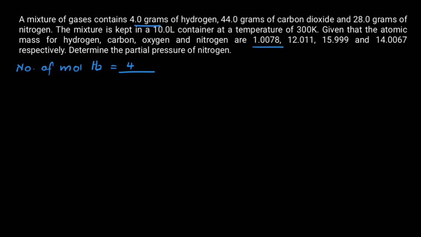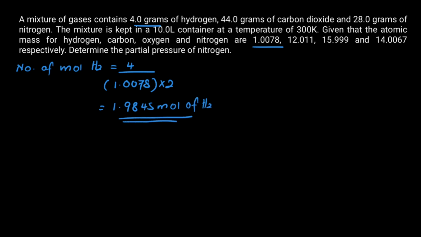The hydrogen is 1.0078. Since it's hydrogen gas, you need to times 2. Therefore, you will get 1.9845 mole of hydrogen.